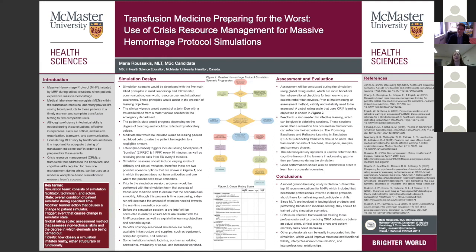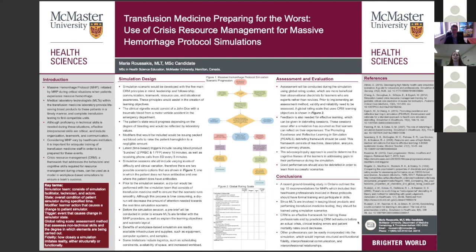In making a simulation scenario, an example that I have presented in my poster is a clinical vignette of a John Doe presenting to the emergency department with a massive hemorrhage. So during the simulation, various things need to be considered.